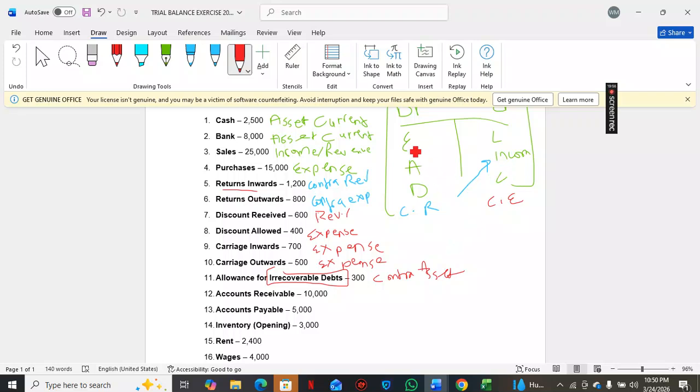Remember, all these accounts here increase with debit. So when we're doing journal entries, whenever we see any of these accounts, we are debiting them. And in the trial balance it is seen down the debit side. Okay. Accounts receivable.